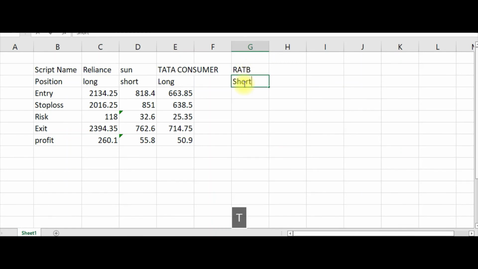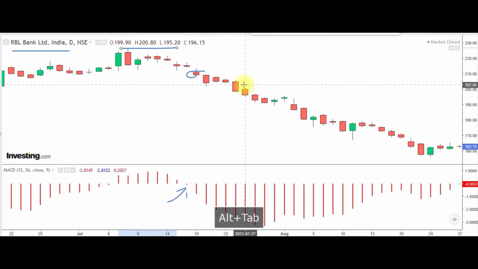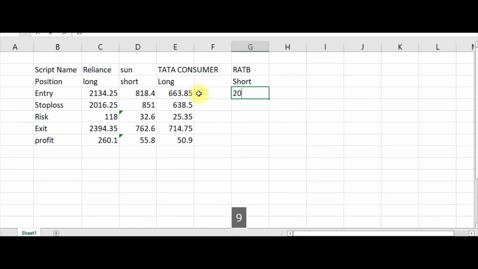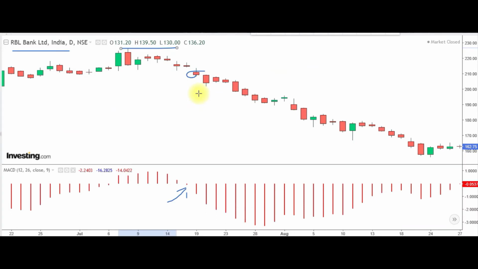Let's see, the closing of this candle is 209.3. Then the stop loss would be the high of this candle, 226.4.